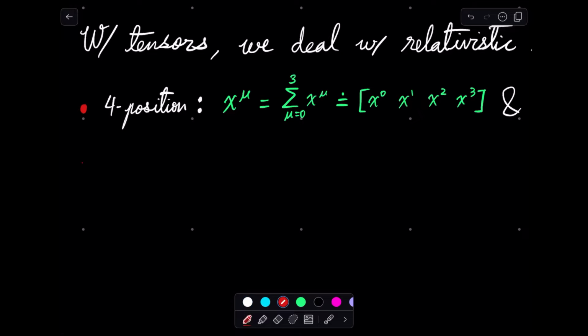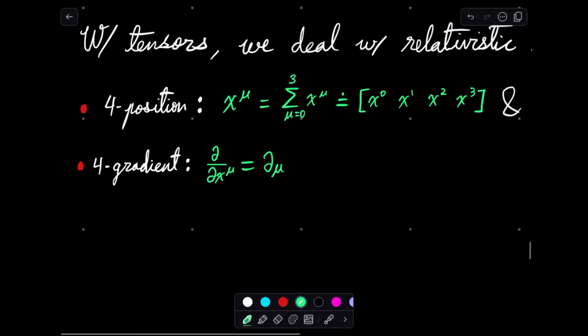Likewise, you can have what's called the four gradient. And the four gradient is just the partial with respect to the four position. And this is often rewritten just as the partial subscript mu.